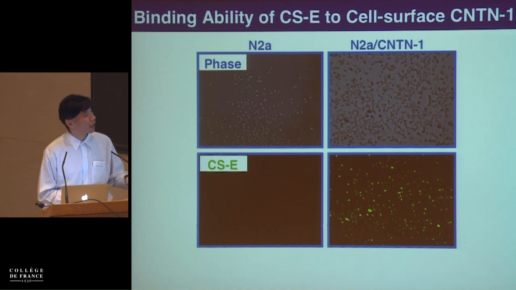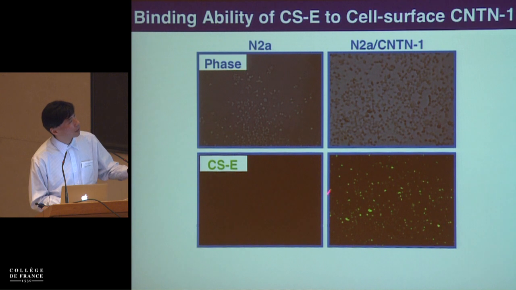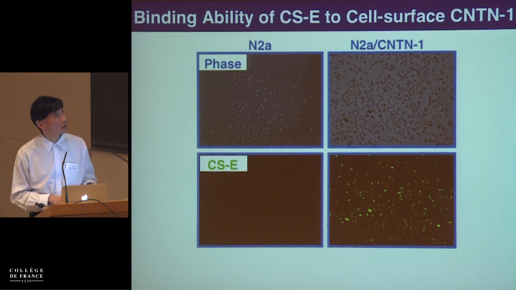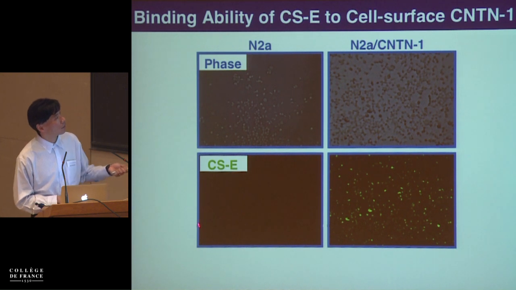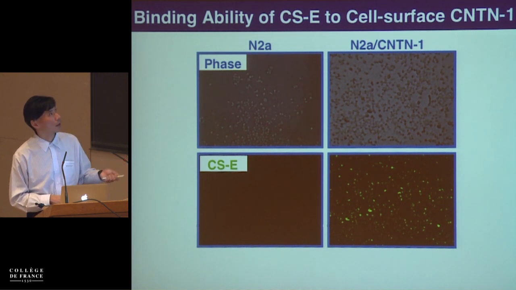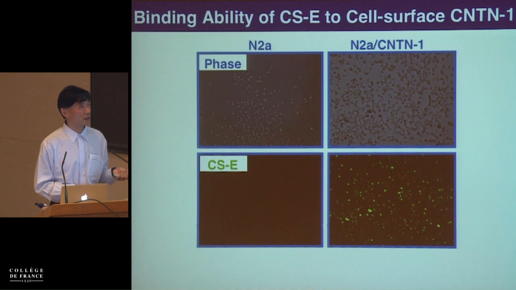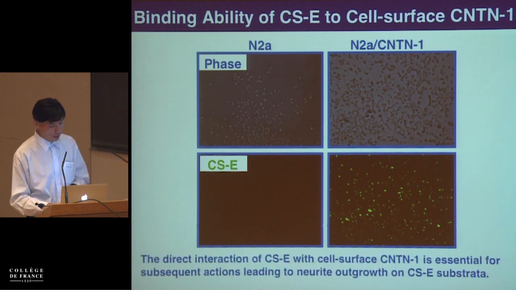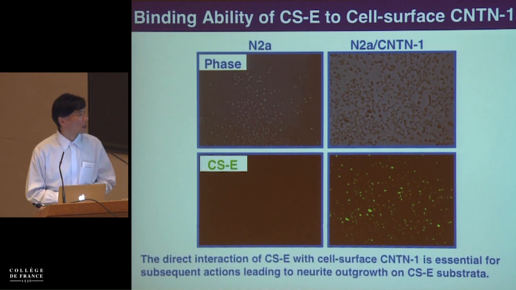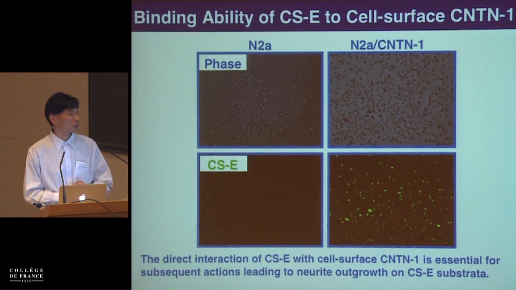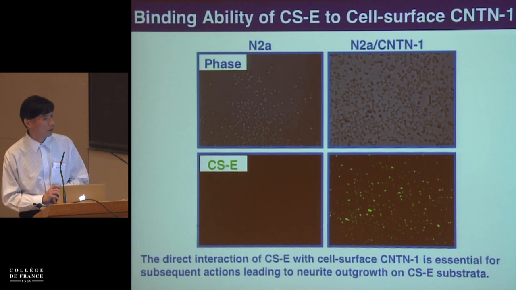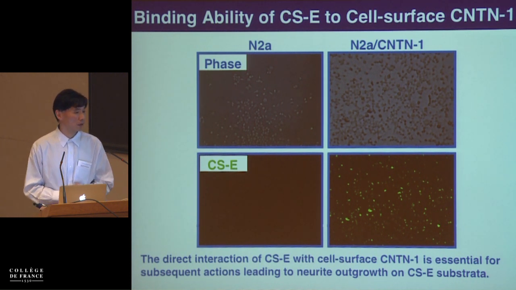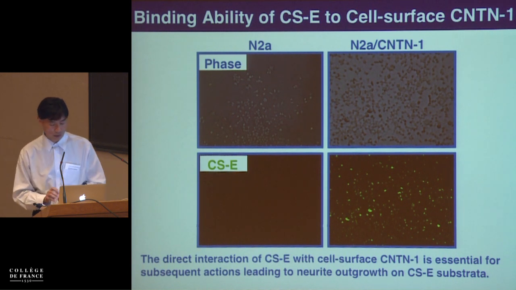As shown in this slide, a strong fluorescent signal was observed on the cell surface of Neuro2A contactin 1 cells, whereas no detectable signal was observed on parental Neuro2A cells, suggesting that direct interaction of chondroitin sulfate E with cell surface contactin 1 is essential for subsequent actions leading to neurite outgrowth on chondroitin sulfate E substrata.